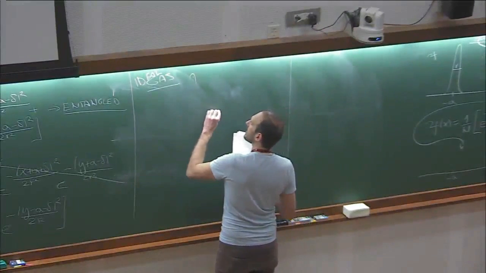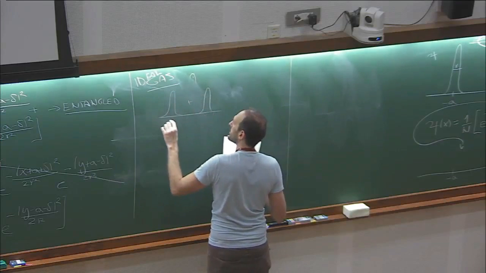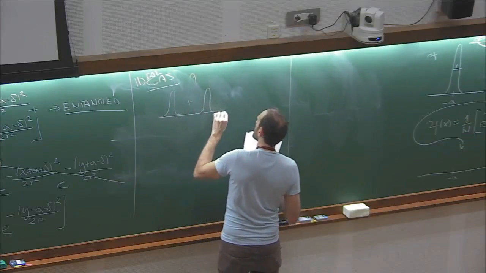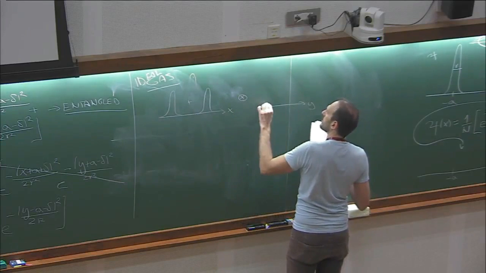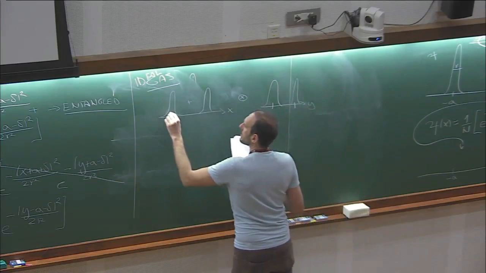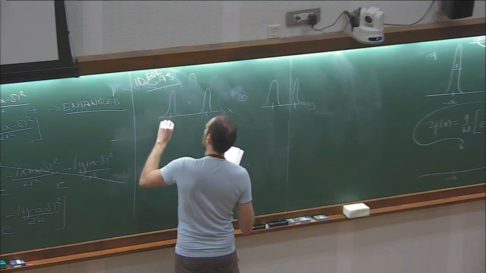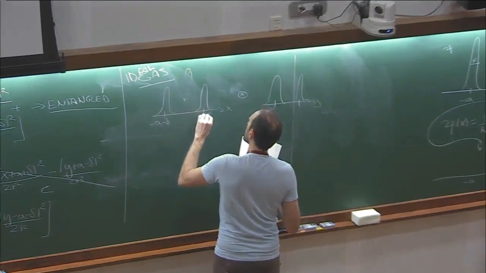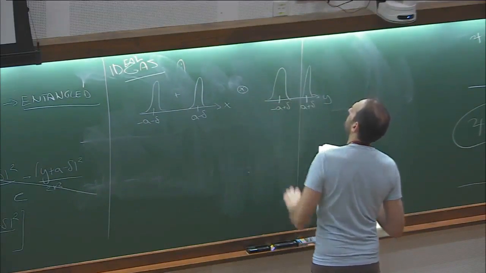And so the state is, particle 1 was in minus A minus delta, A minus delta, minus A plus delta, A plus delta.